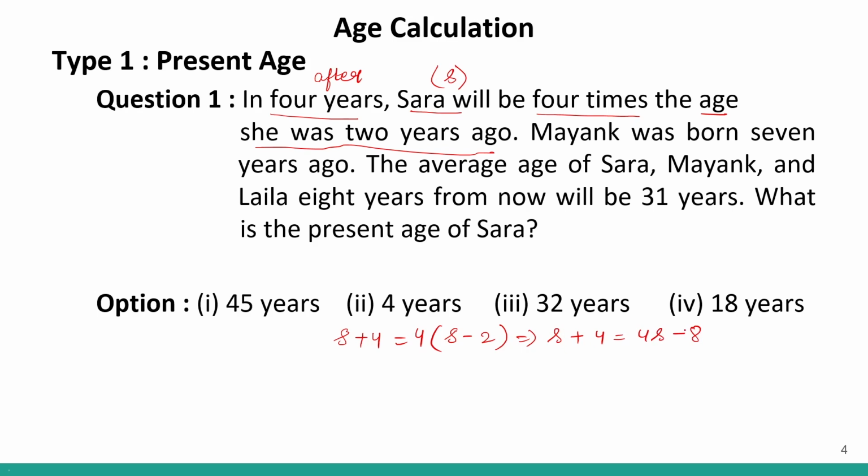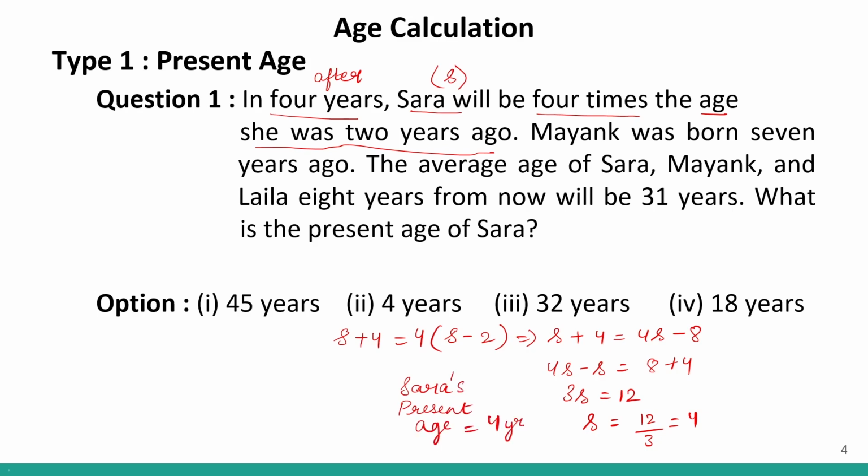Correct? If I take s this side, it will be 4s minus s equals, and if I take 8 this side, it will be 8 plus 4. So 4s minus s is 3s and this is 12. So value of s will be 12 by 3, which equals 4. So Sarah's present age will be equal to 4 years.